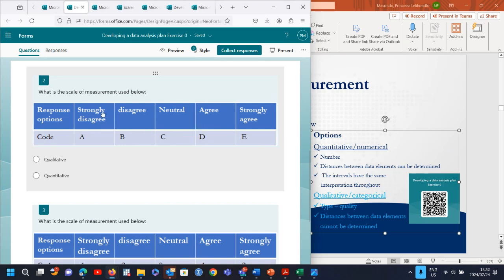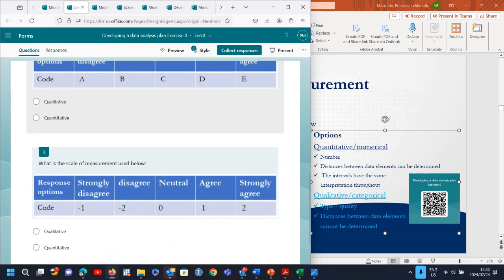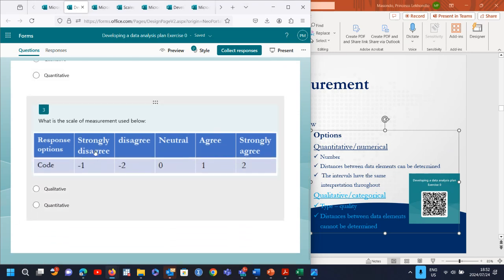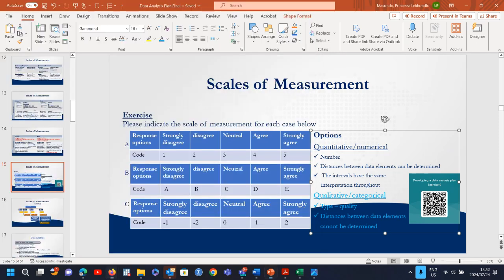Those who strongly disagree will come here, and so on. Similarly, the last one has the same response options. However, it's just coded differently, which would then mean that it is qualitative. So I'm just going to proceed from there.